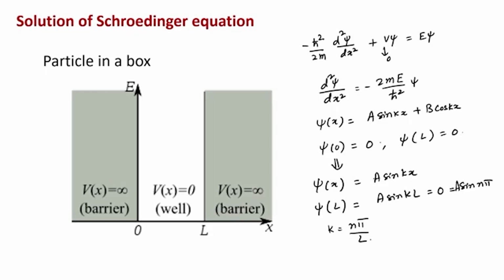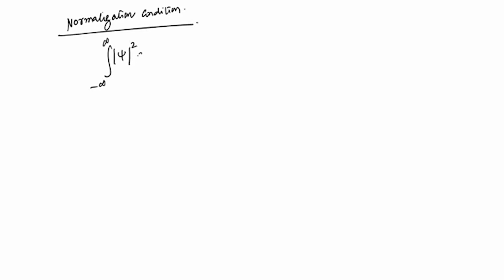Okay. And what else can be found out? We still do not know what A is, and that can be found out from the normalization condition, which in principle is the integral from minus infinity to plus infinity of mod psi square dx equal to 1.